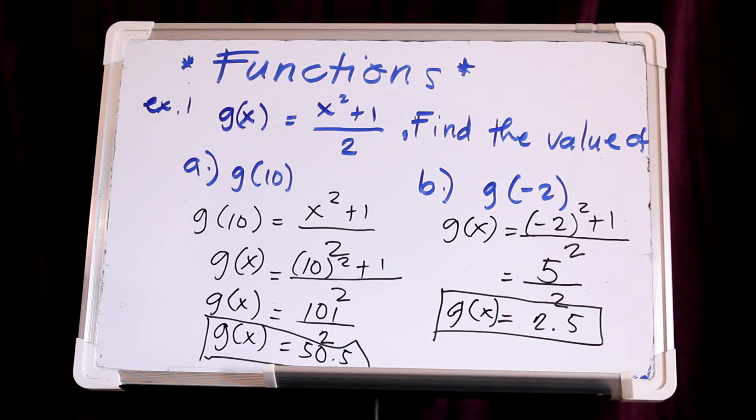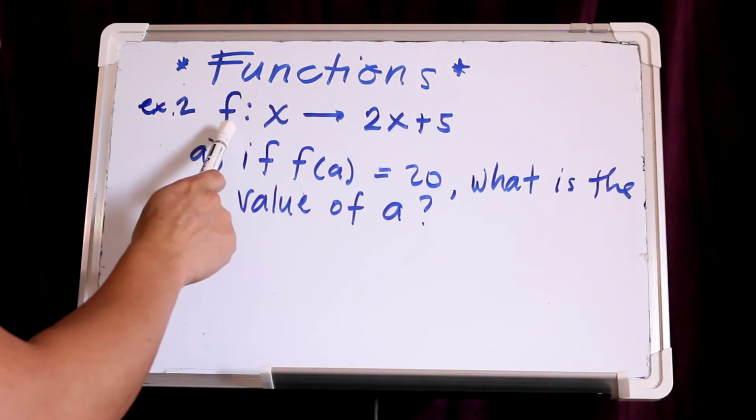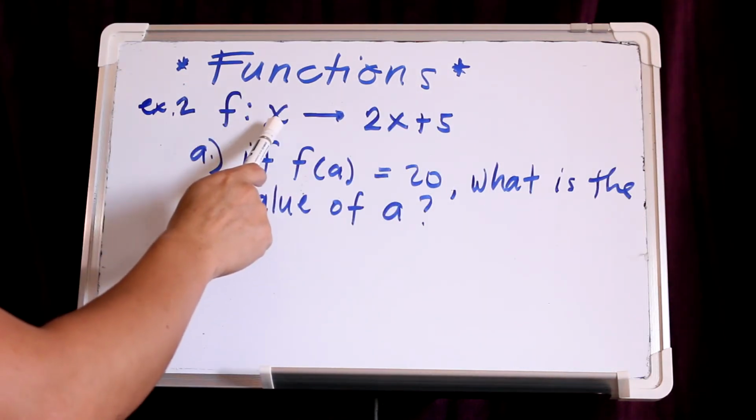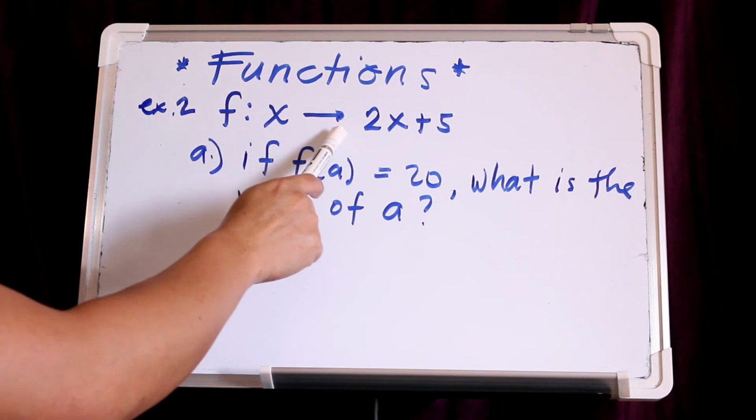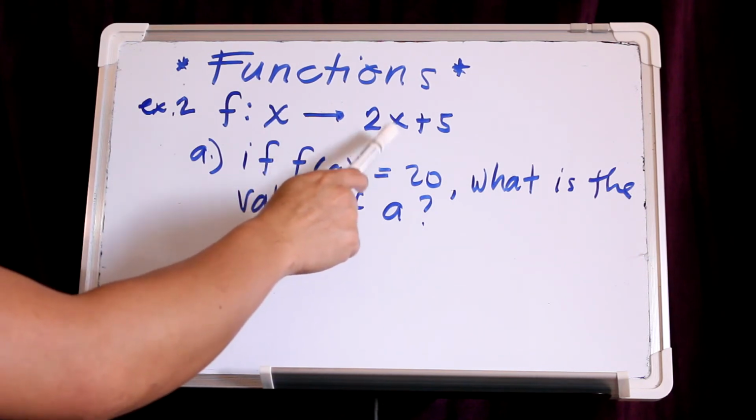There you go, example number 1. The function is written as f colon x arrow 2x plus 5.